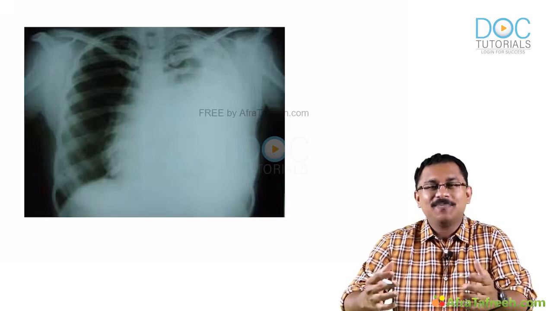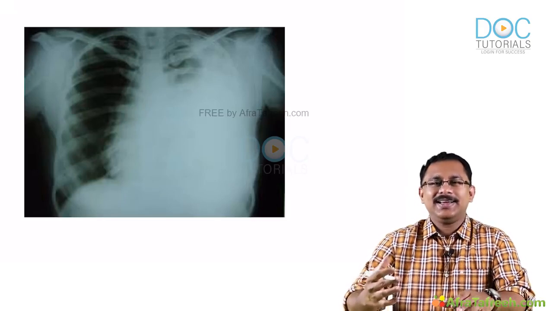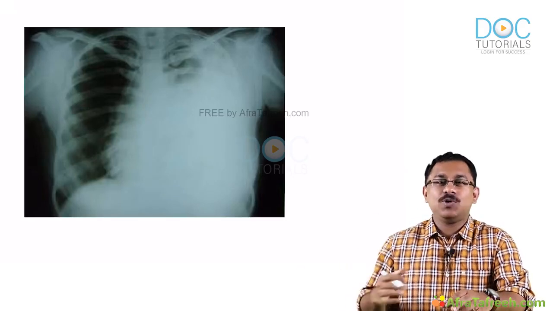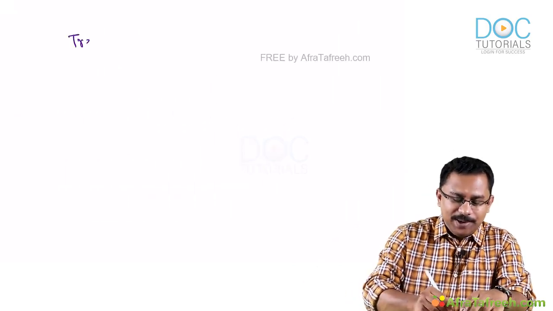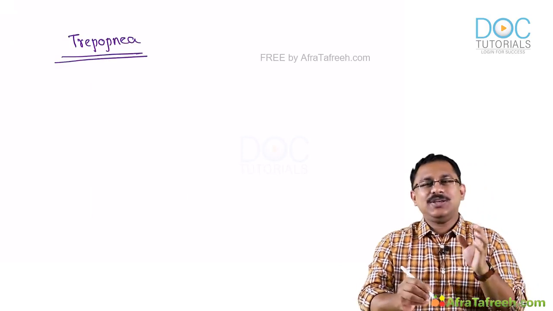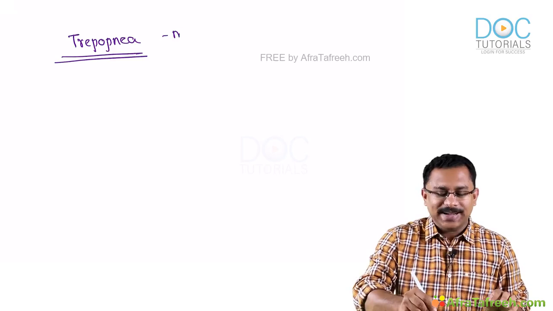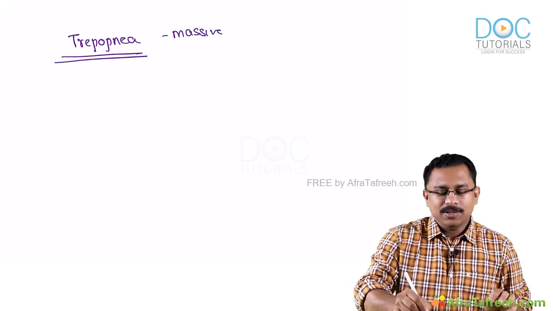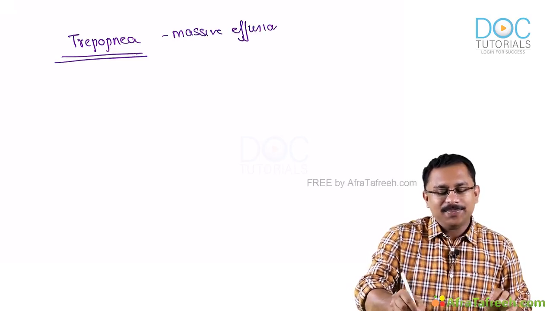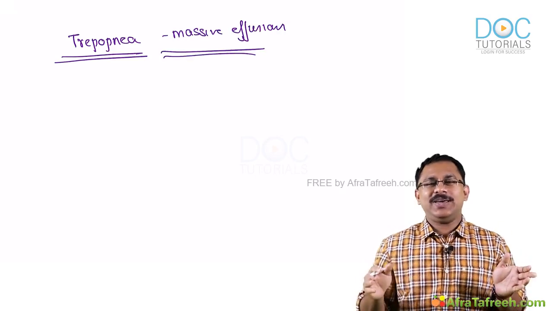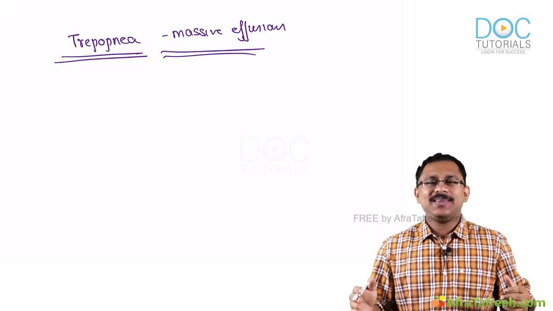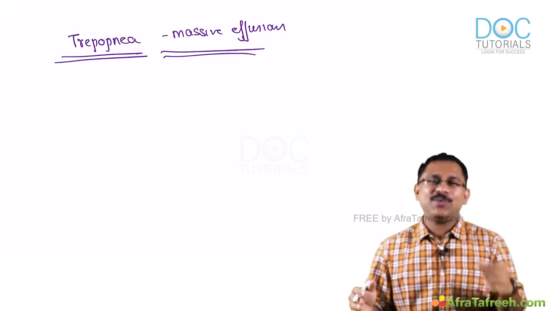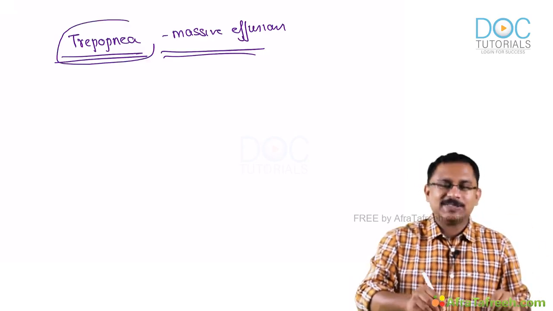So when you have a massive effusion on one side, lying to the opposite side would cause breathlessness, and that is what you call trepopnea. That is usually associated with massive effusions. So what is this trepopnea? In massive effusions, when you lie to the opposite side of the effusion, because of the fluid shift and subsequent compression, you may experience breathlessness.